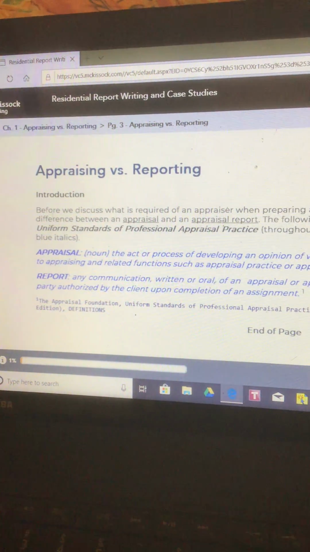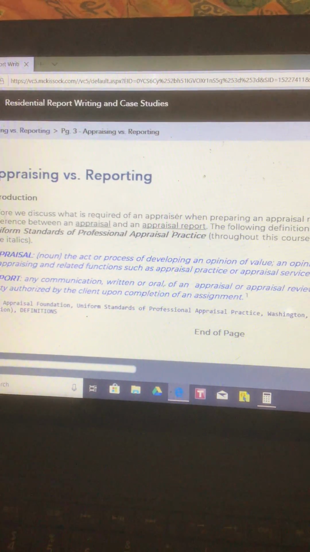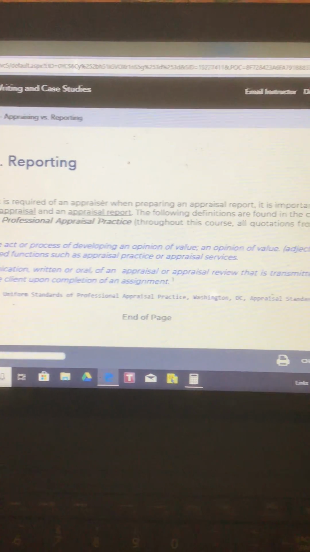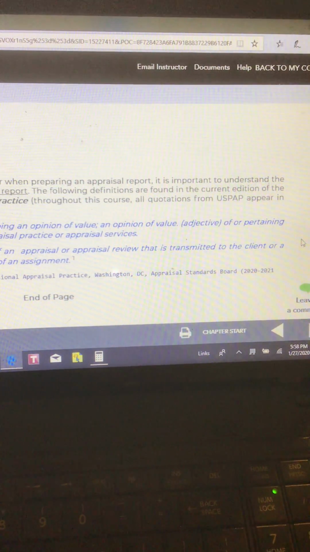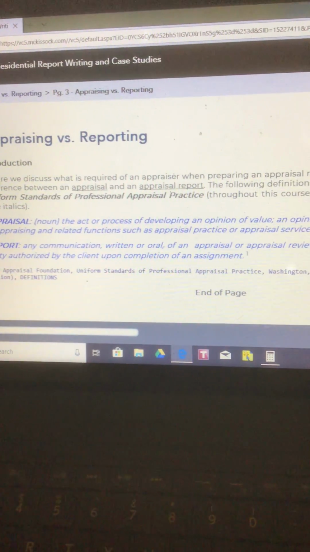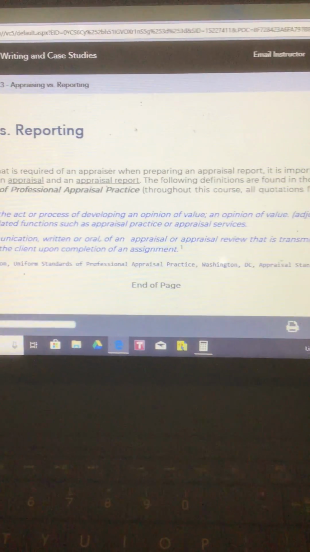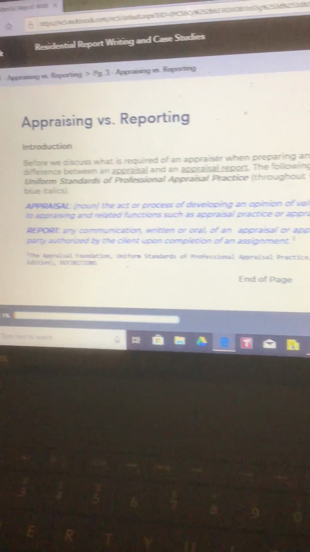Appraisal, noun: the act or process of developing an opinion of value; an opinion of value. Adjective: of or pertaining to appraising and related functions, such as appraisal practice or appraisal services.